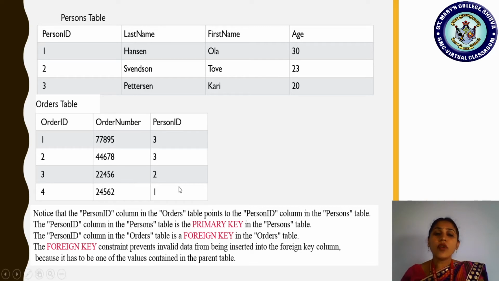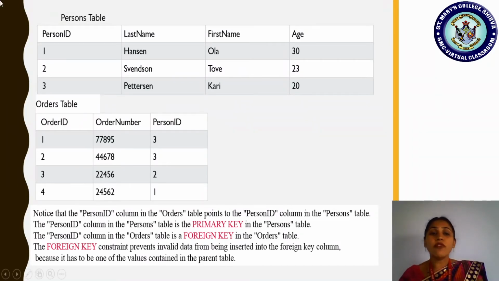Why? Because 4 and 5 do not exist in which table? In the person table. There doesn't exist any person ID with 4 and 5. So you can't take any random value for the person ID if it is not existing in the person table. Remember that the foreign key constraint prevents invalid data. So in case by mistake you use 4 and 5, it is going to throw an error message that it is invalid data.